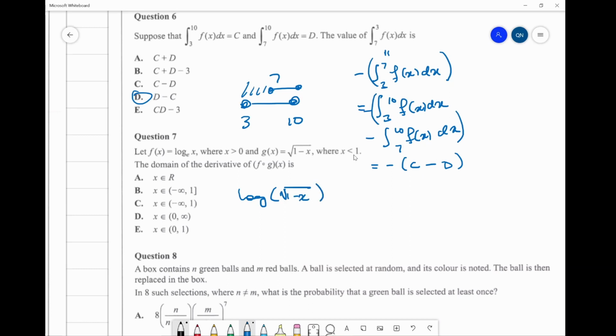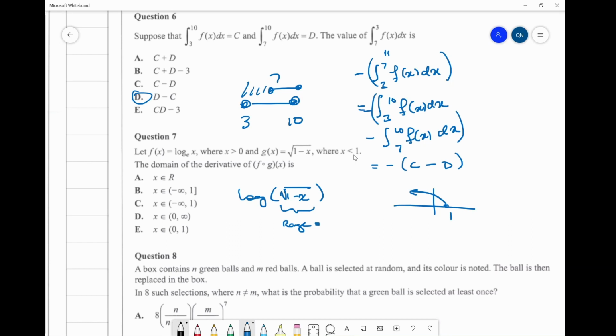Because x is less than 1 over here, let's think about the range. The square root of 1 minus x looks like this, right? It has an endpoint at 1.